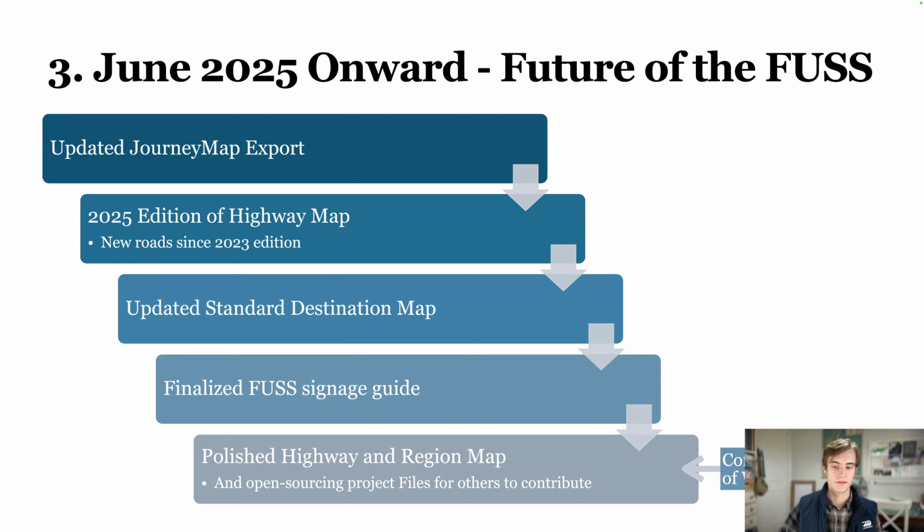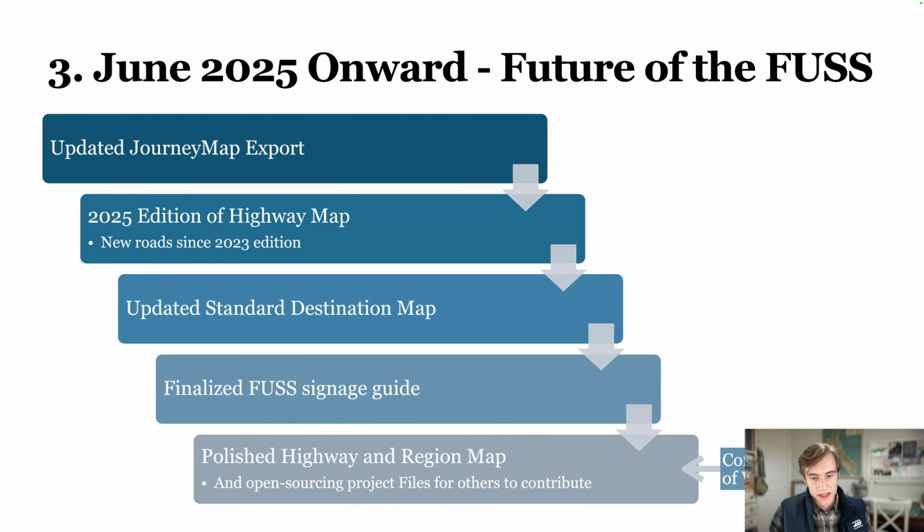From there, we'll just finalize the signage guide, and that'll be pretty much what I just described verbally, but in a written format, so that we can share it with everyone. I have been working on this myself for a really long time, but I want to be able to let other people do it and do it consistently. So that's kind of what all of this is for.